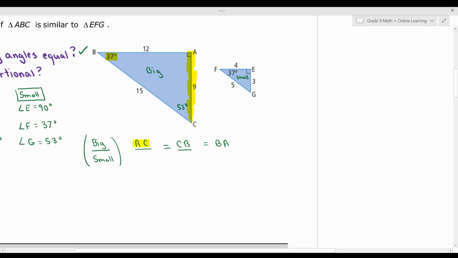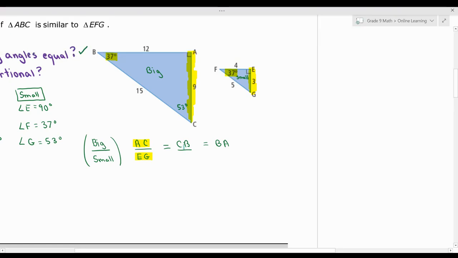I'm going to highlight this in yellow. So from the small triangle, I have to figure out, do I use the 4, the 3, the 5, which side? If this is connected to the 37, I have to find the 37 on my small triangle and realize, okay, that means it's connected to EG. So here I'm comparing side AC to side EG.